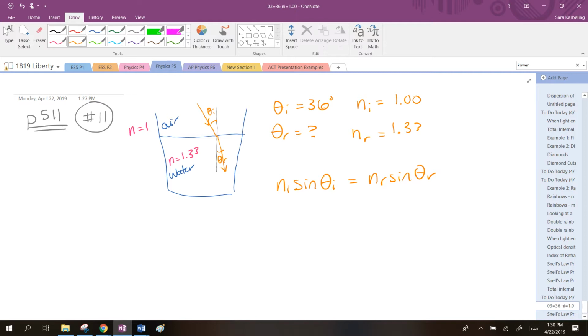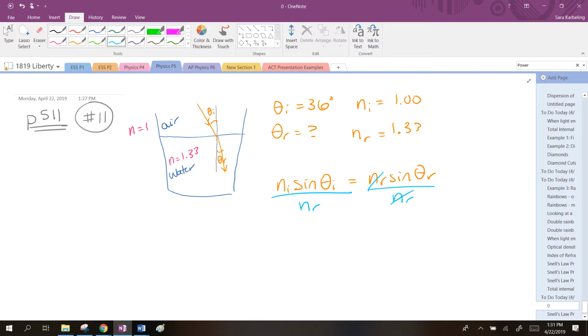Okay? Most of these Snell's law questions are the same darn thing. The algebra here is not super difficult. You just got to practice it. Right now I'm doing Nr times sine theta R. I need to undo multiplication. How do I undo multiplication? Division, right? So I'm going to divide by Nr on both sides.